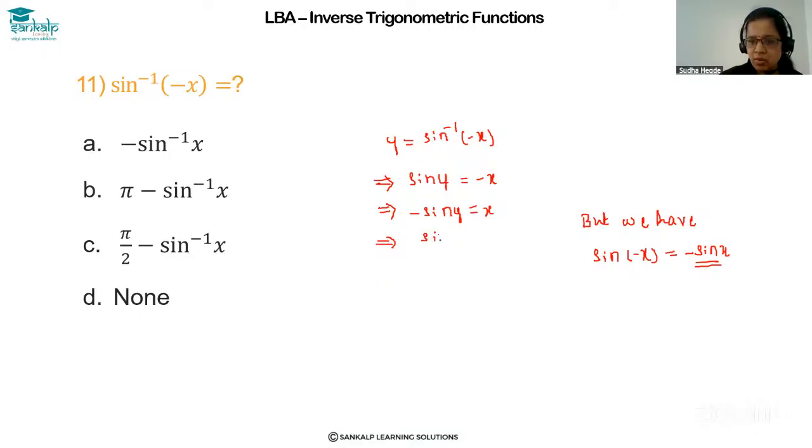So sin of minus y is equal to x. Got it right? This implies, now move sine to the other side. So minus y is equal to sin inverse x. What is y? Y is sin inverse minus x.